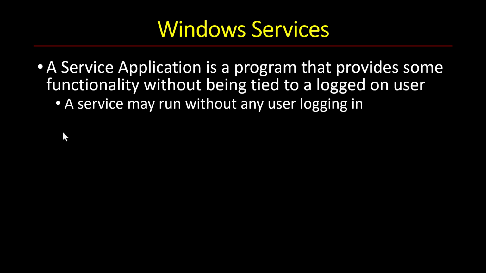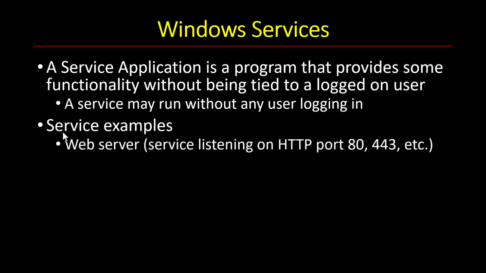You can think of some kind of server that might be in some server room and maybe even in the cloud that runs some service based on clients connecting to it. Here are some classical examples, such as a web server.